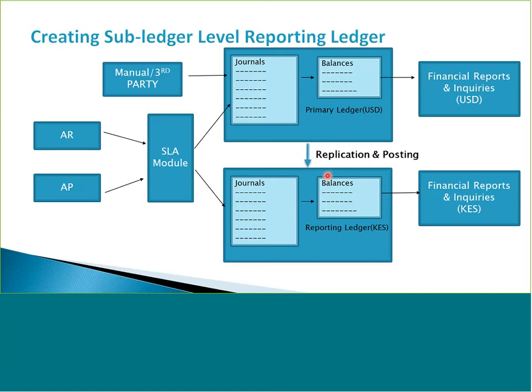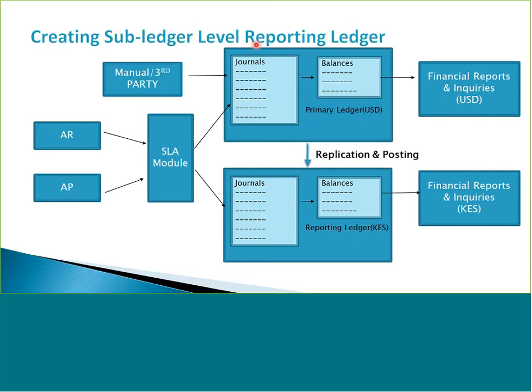And as we go on, we will see that that has its own benefits, which we are going to talk about. But that is the difference between the sub-ledger level and the journals level. If this was journals level, the journals from the Oracle sub-ledger modules, the create accounting would do that for only the primary ledger, all right?